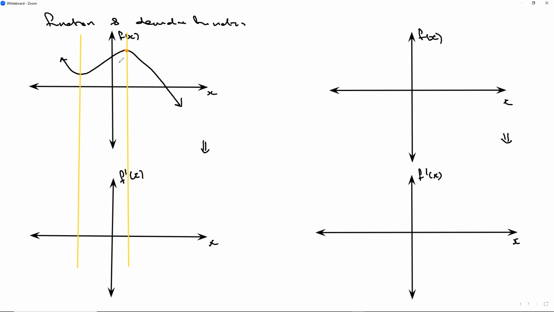That turning point over there has a slope of 0, and that one would be right on there, right? So we're saying that at that point, the derivative will equal 0, which is this function here, will go all the way down. So those 2 points are very important.